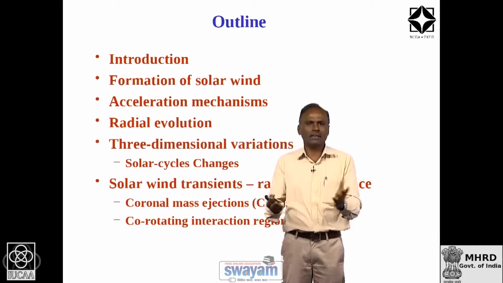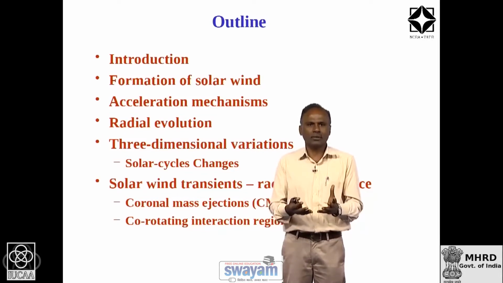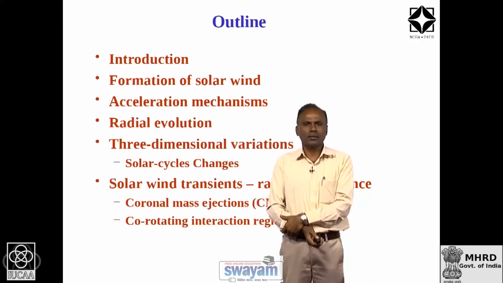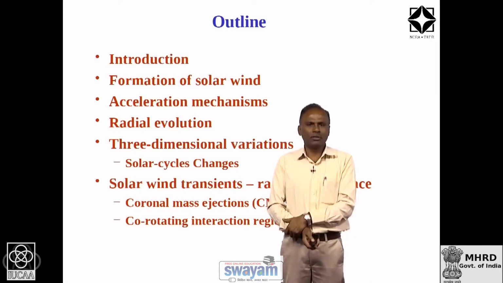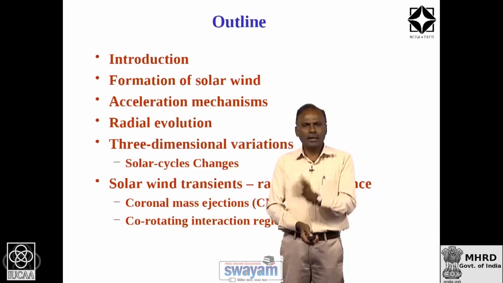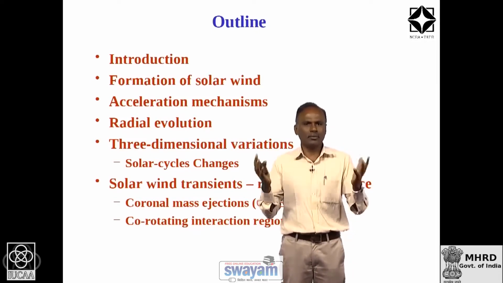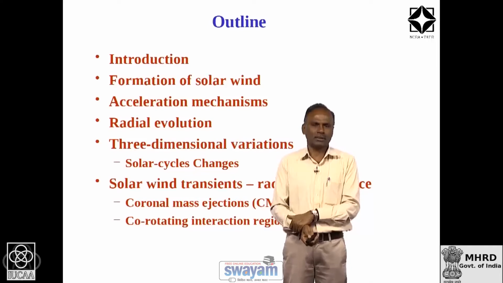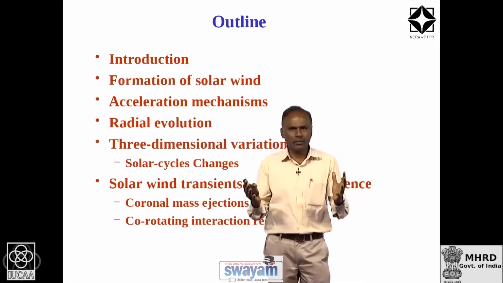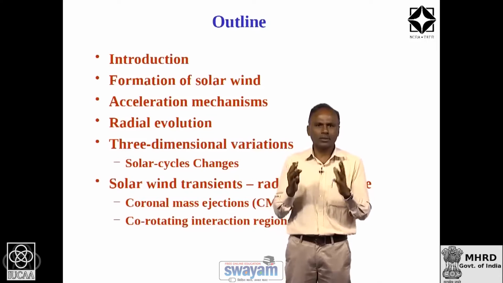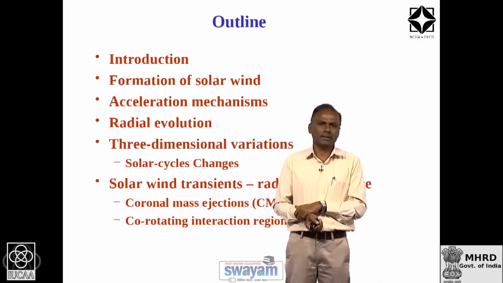Solar wind changes as it originates from the surface of the sun to a large distance from the sun. That radial evolution we will see, and we will see how the solar wind is varying in 3-dimensional space, and that solar wind variation in 3-dimensional space also has solar cycle changes.